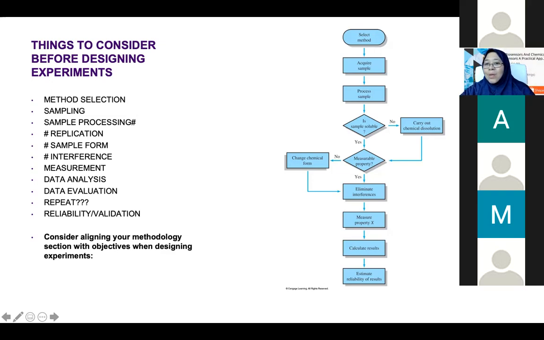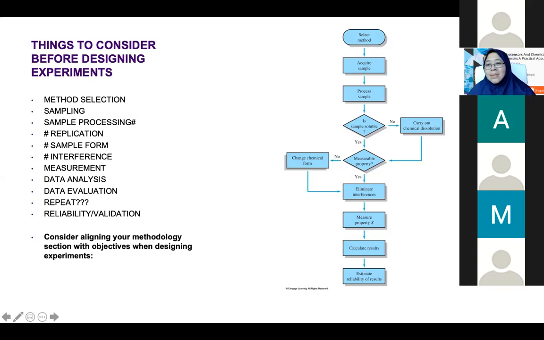Let's say you choose method 1 to produce it. You finish the first sample, and you still use the method 1 technique to produce the second batch. The second batch should have similar characteristics to the first batch that you synthesized. So you need to think about the reproducibility of your sample, how reproducible your sample is.